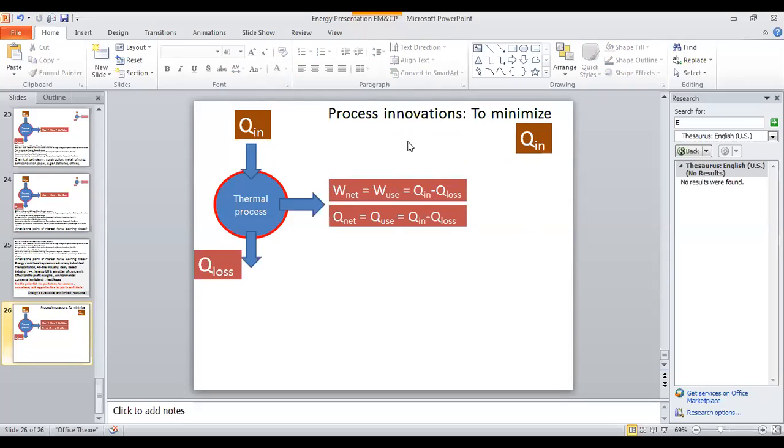Saving energy and resources is good energy management.